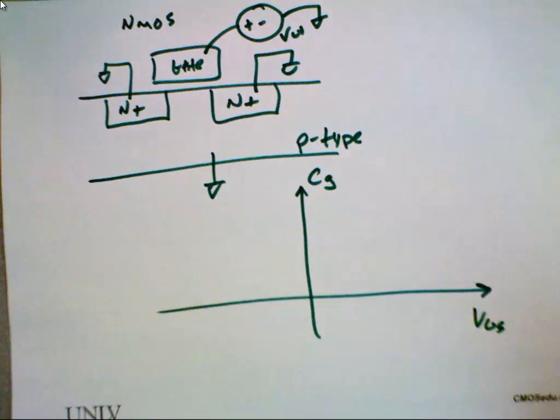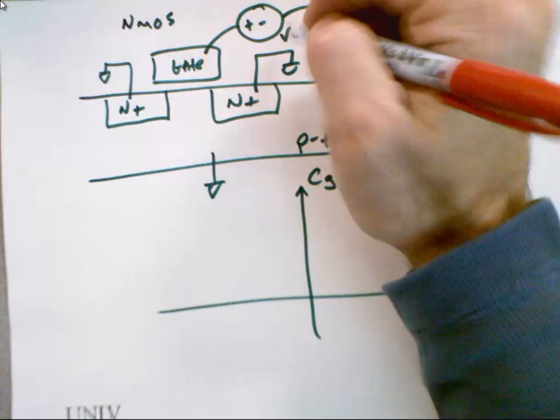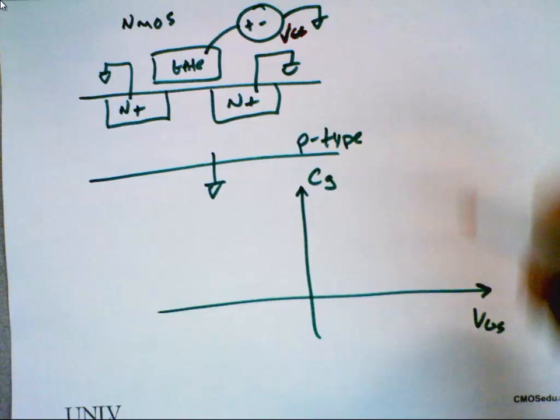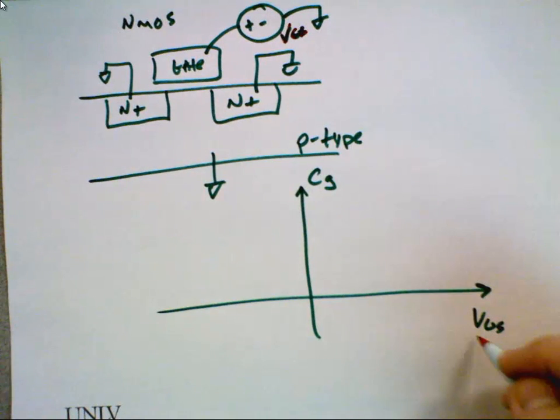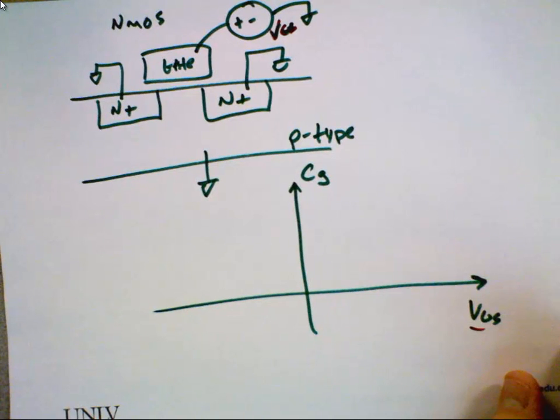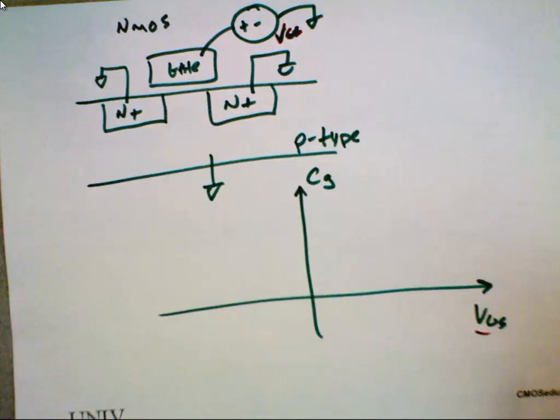So let's do the simple part. Tell me, what's the simple part to begin with? This is VGS. Tell me how to begin. In real simple terms, what can I set VGS to?